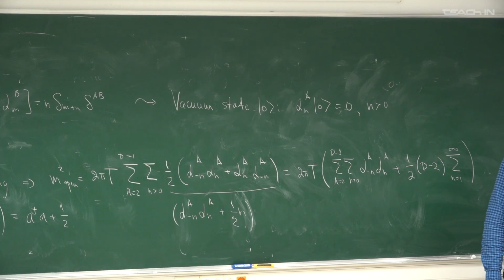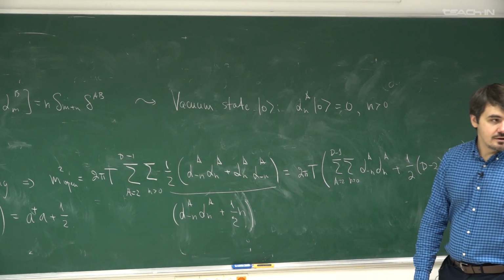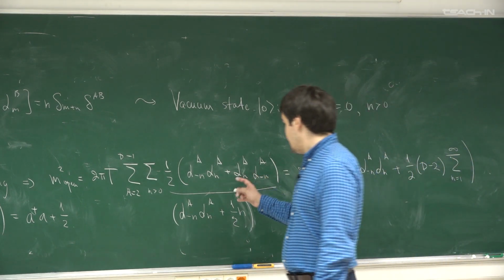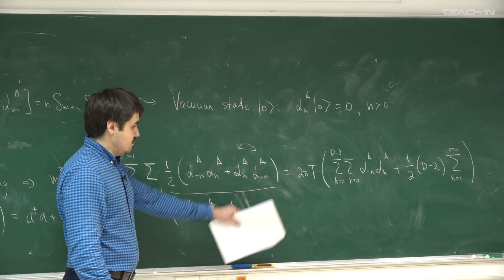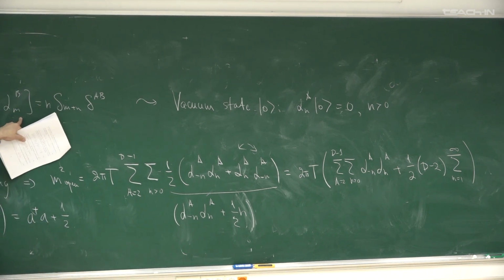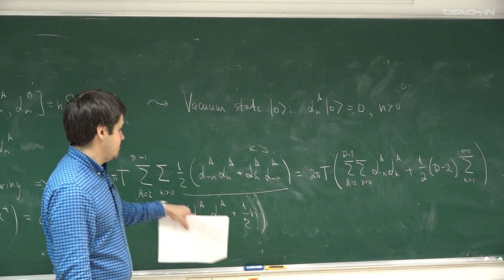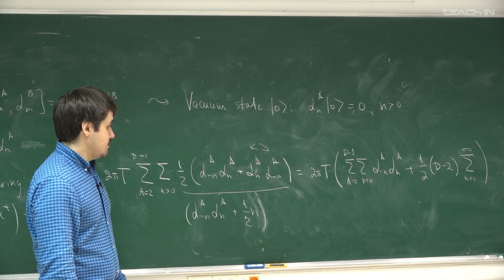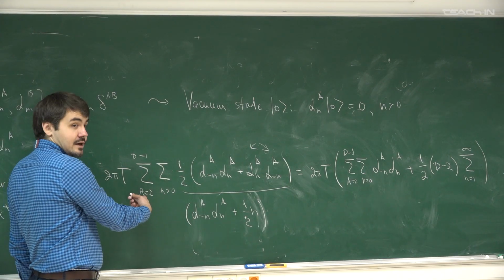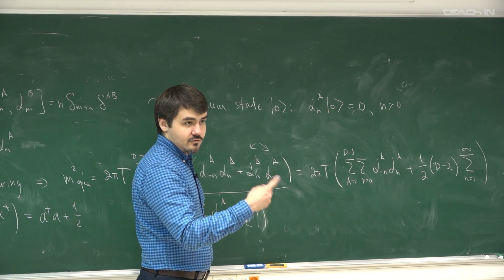Some question? How did I write this expression? I just rewrote it. I computed these oscillators using this commutation relation, and there is a sum over A from 2 to d minus 1. Nothing depends on A here, so it just gives a factor of d minus 2, an overall factor.